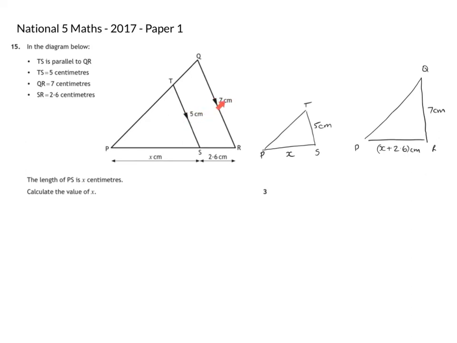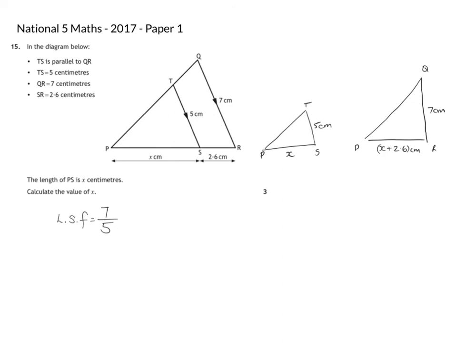It doesn't actually matter what order we're doing this in, to be honest, because we've got unknowns as both of these. So if I work out my linear scale factor, we know that if we're enlarging, we're going to end up with 7 over 5.